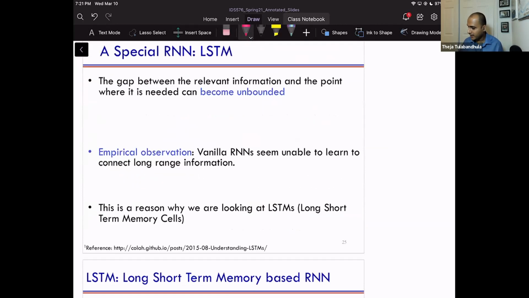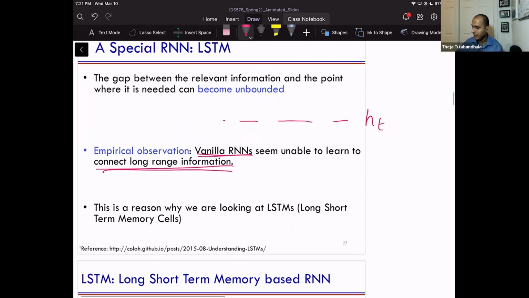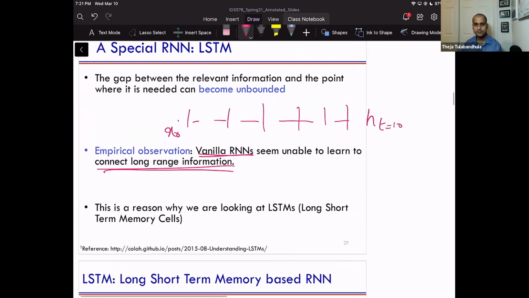Instead of spending too much time on this, the whole point is that vanilla RNNs seem to be unable to learn this long-range information. You can already see one of the reasons: there's only a single fully connected layer, so it's really hard to see how to make a hidden vector at time t depend all the way on some input x0 that happened 10 steps ago, let's say t is equal to 10.